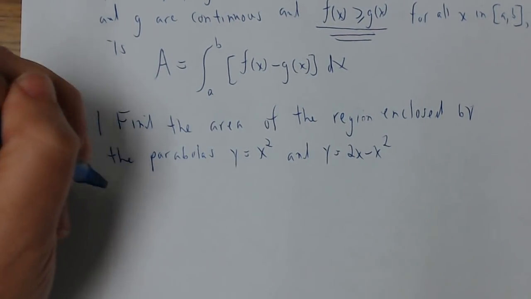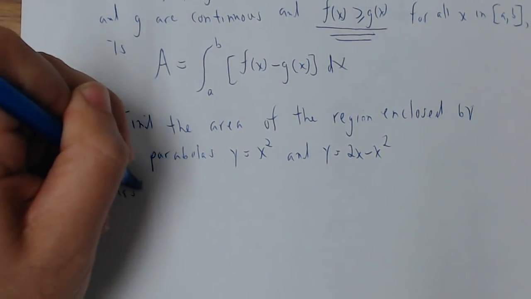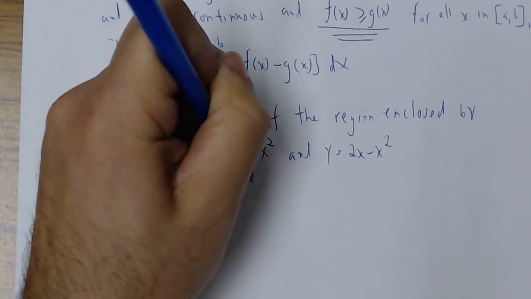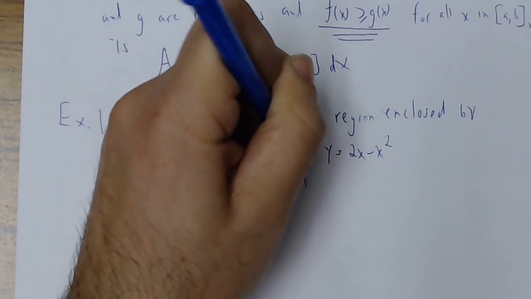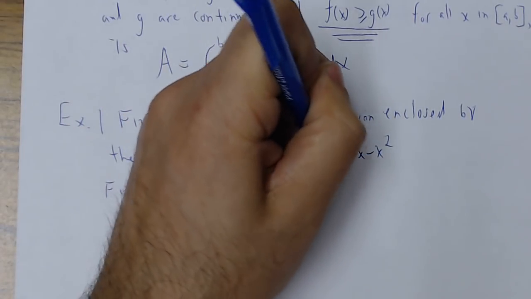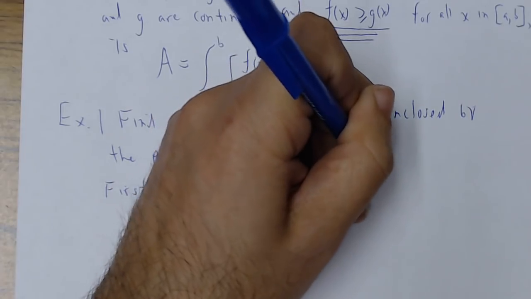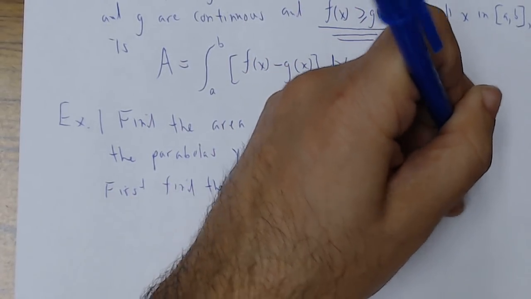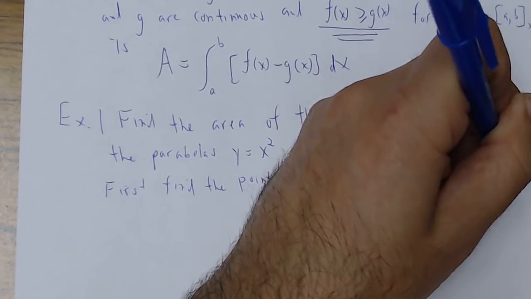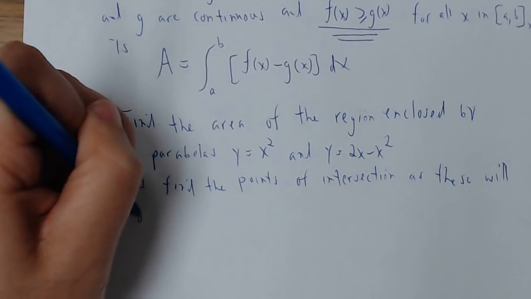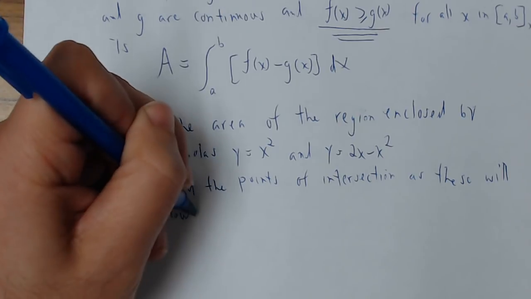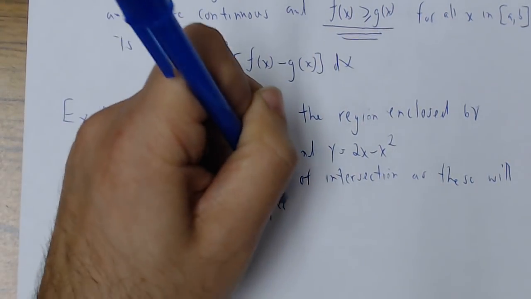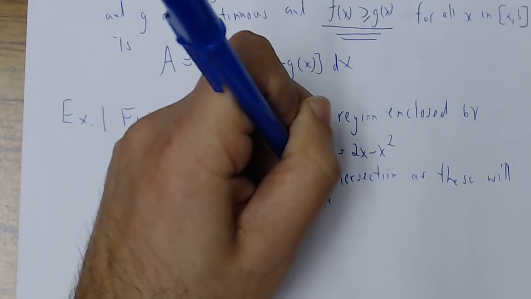So what we want to do is first find the points of intersection, as these will be our lower and upper limits.